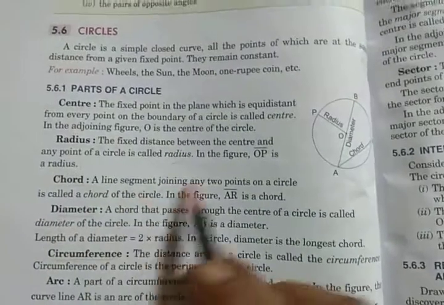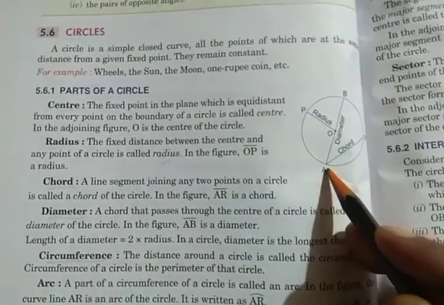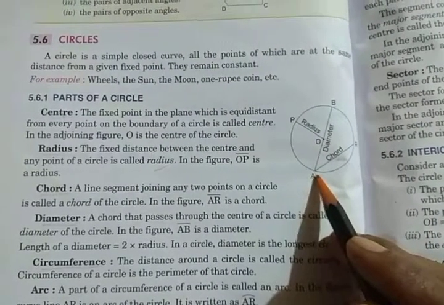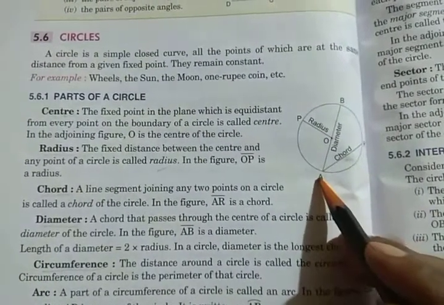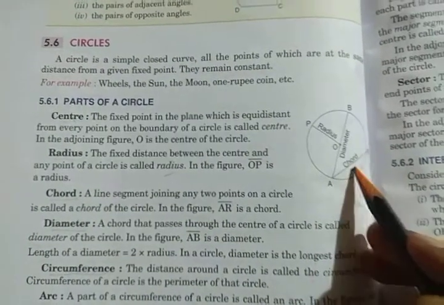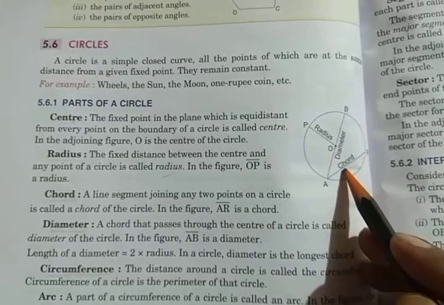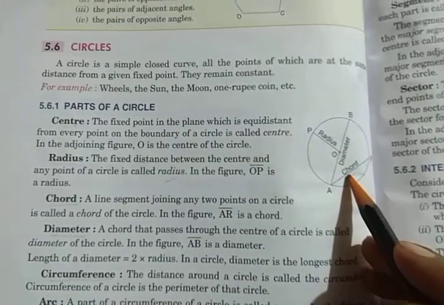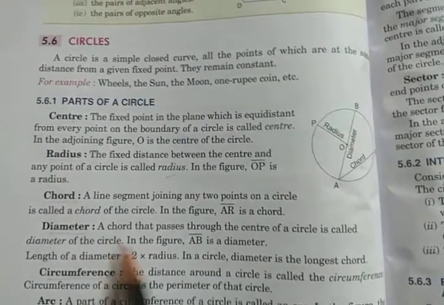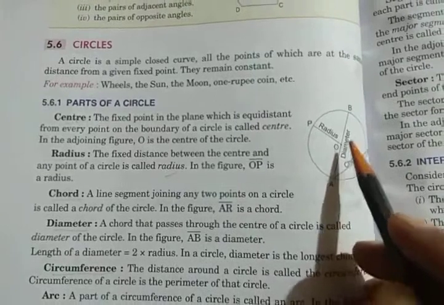Chord. A line segment joining any 2 points. Any 2 points means here point A to R. Line segment AR is called chord. Diameter, a chord that passes through the center of a circle.